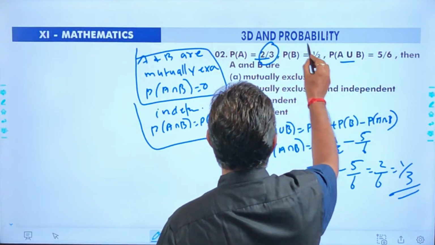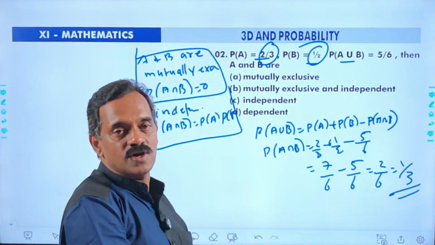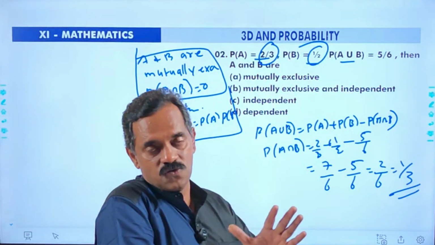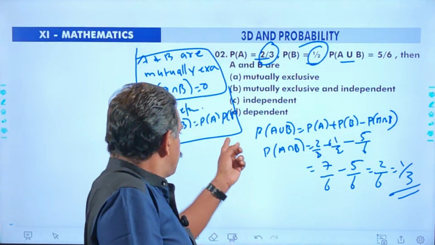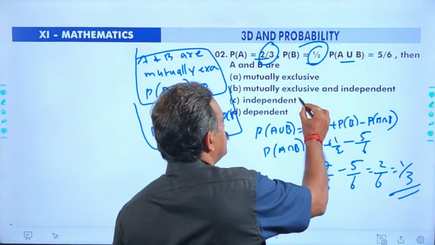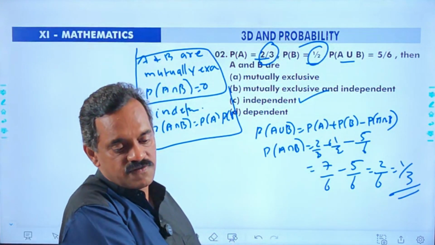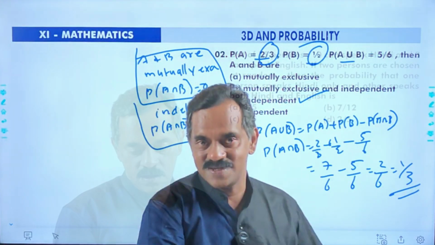When you multiply P of A and P of B together, you are also getting 1 by 3. So P of A times P of B is equal to P of A intersection B, which is the formula related to independence. So we can say that it is independent, which is given by choice C.